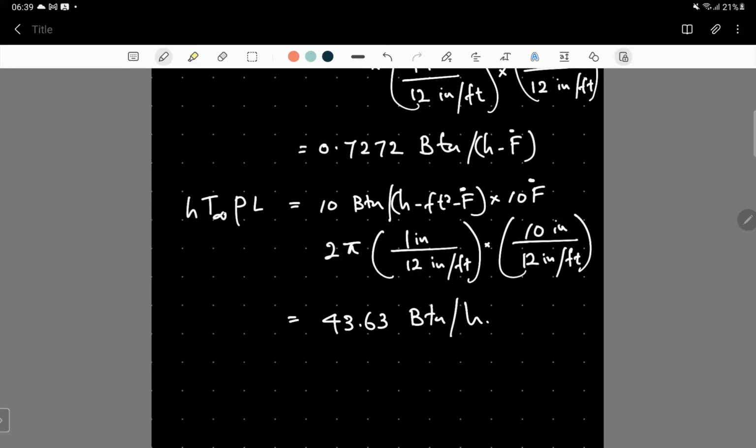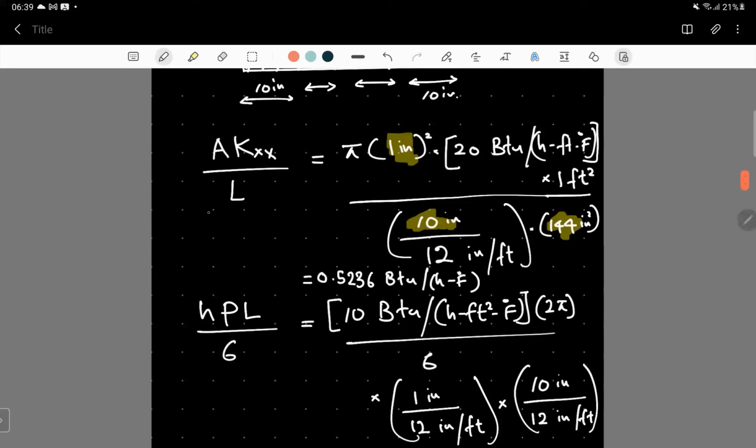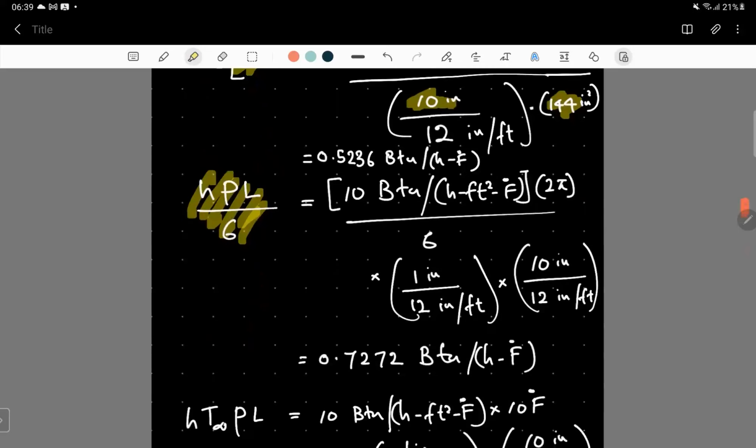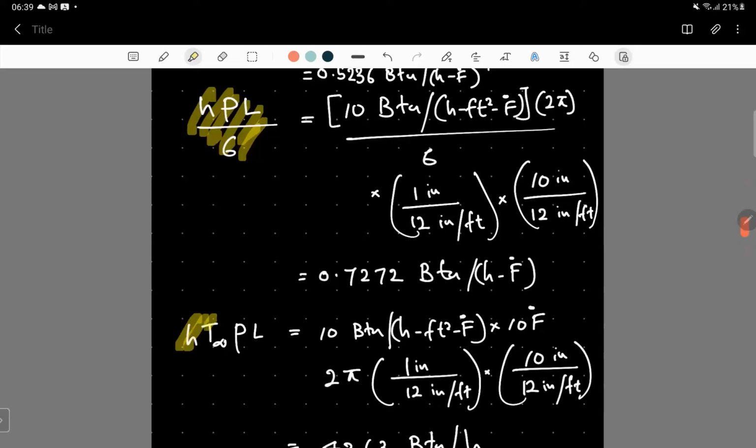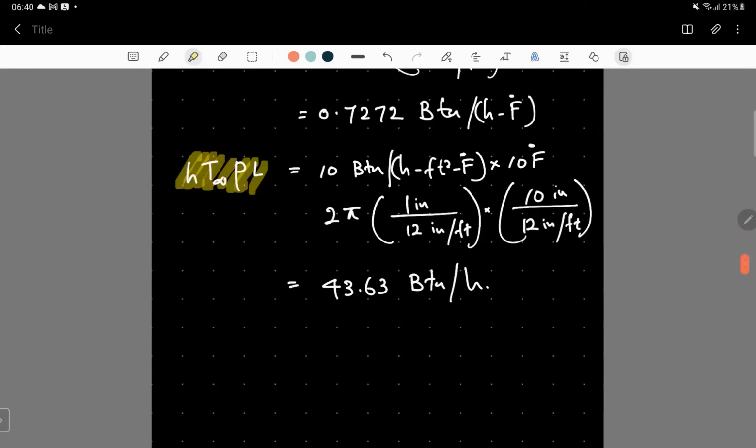Good. Now we have all the components corresponding to conduction and also convection: conduction, convection from the element, and of course convection to the free stream. We have three common factors which we require to develop the finite element formulation.